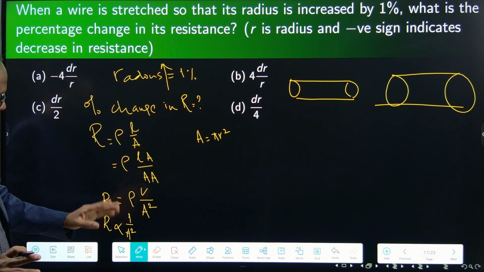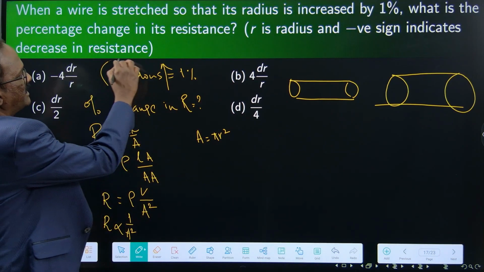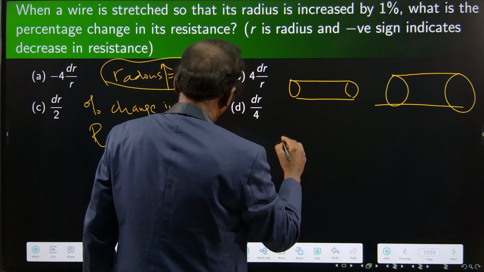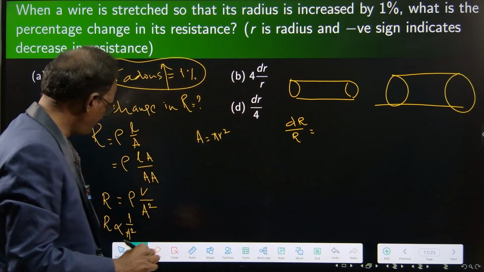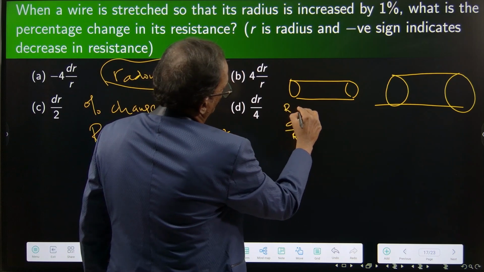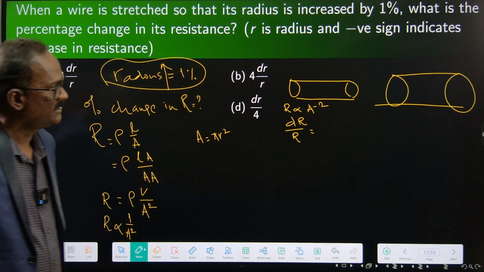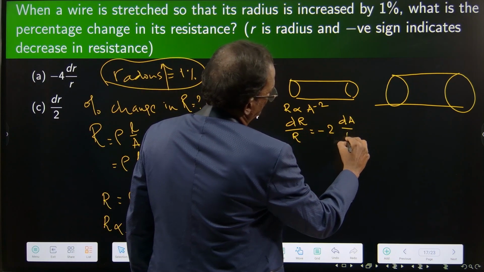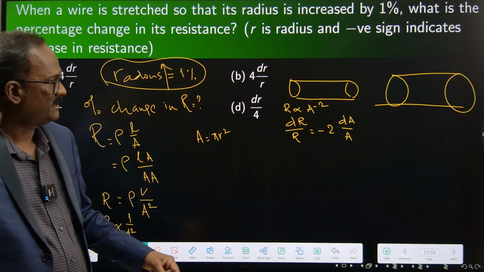R is directly proportional to 1 by A square. But A is not given, instead radius is given. Again by the method of error analysis, R is proportional to A power minus 2, so dR by R is equal to minus 2 into dA by A.